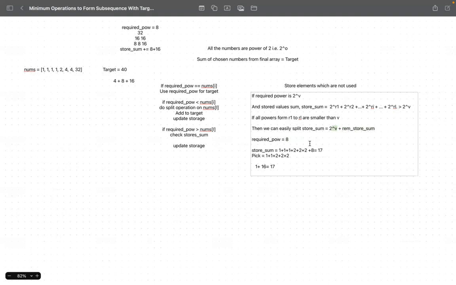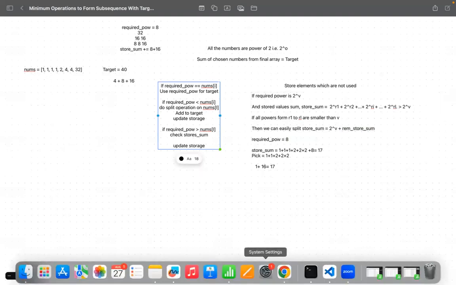So yeah, this was the observation which led to this algorithm. This is the main observation which helped me write this algorithm. Okay, and here obviously you can see there are three conditions. So okay, let's go to implementation now.